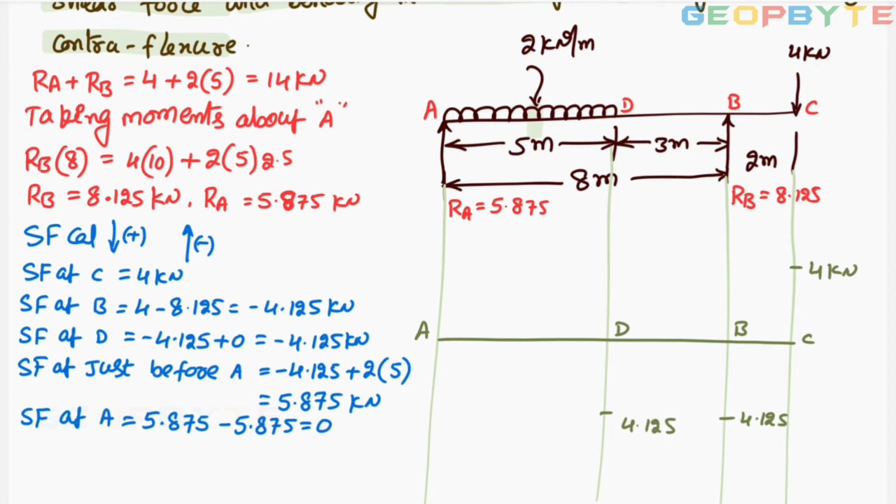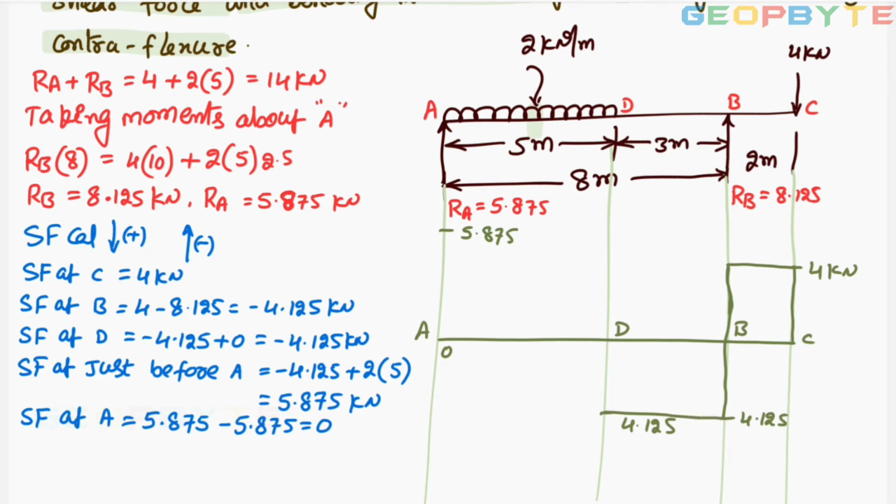SF just before A, somewhere here, is 5.875, and exactly at A it is 0. Start from C, go for the value, come to the next line, go for the value, come to the next line, go for the value.